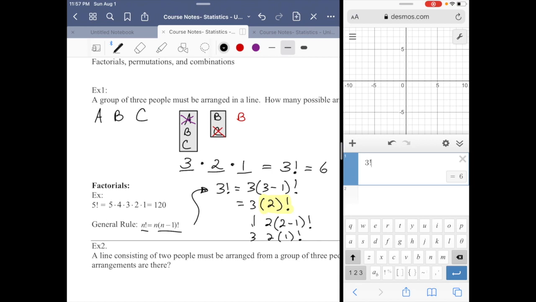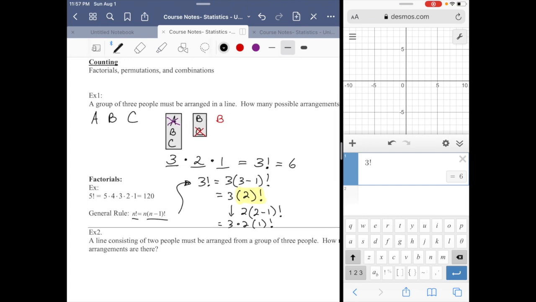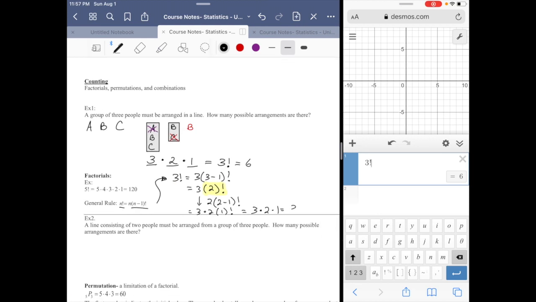So 3, we would carry that along for the ride, multiplied by 2 times 1 factorial. The 1 factorial, well, the end of the line is 1, is equal to 1 itself, so 3 times 2 times 1. That's a little bit more of a rigorous proof, but that's the idea behind it. So that's what we call a factorial.